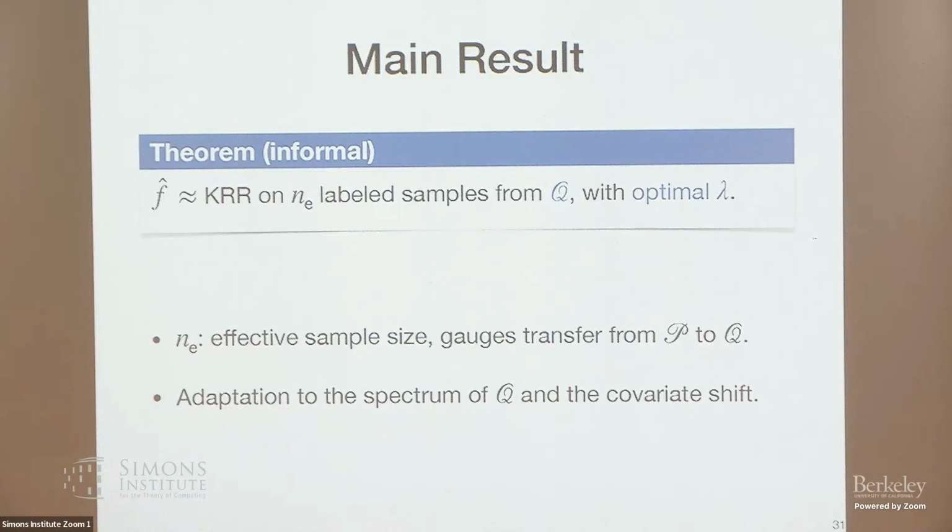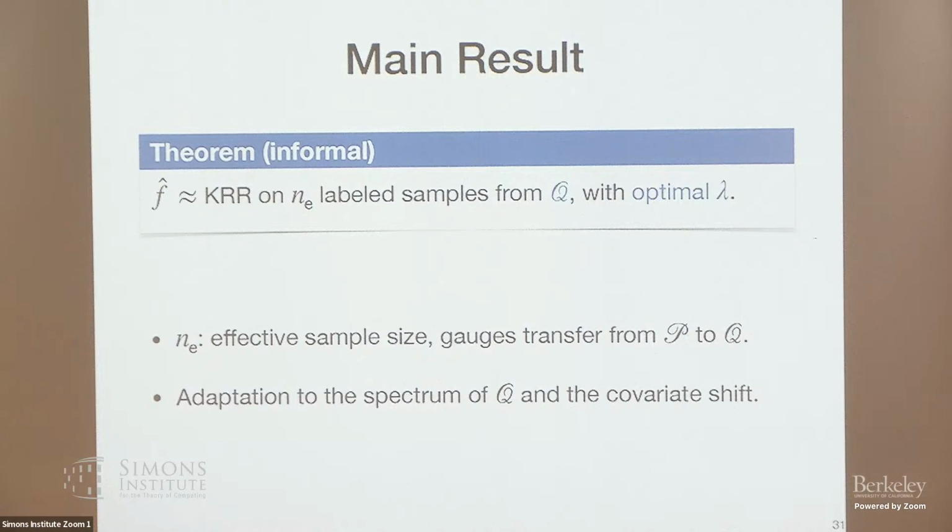And this is a one sentence summary of the main result. Our final model has the same performance as running kernel ridge regression on NE labeled samples from the target with optimal tuning. So this NE refers to the effective sample size.